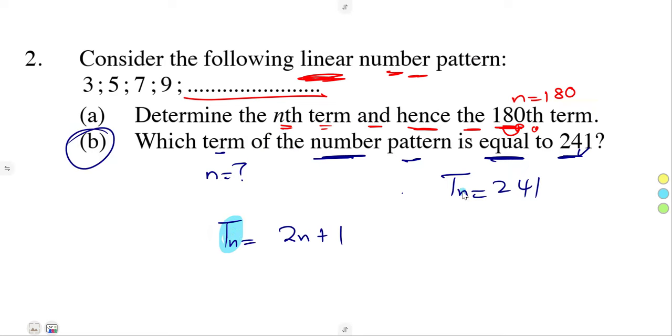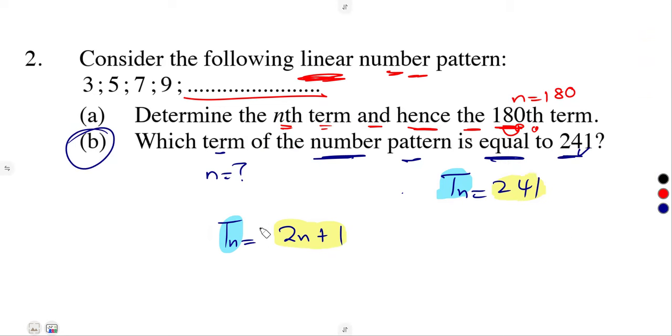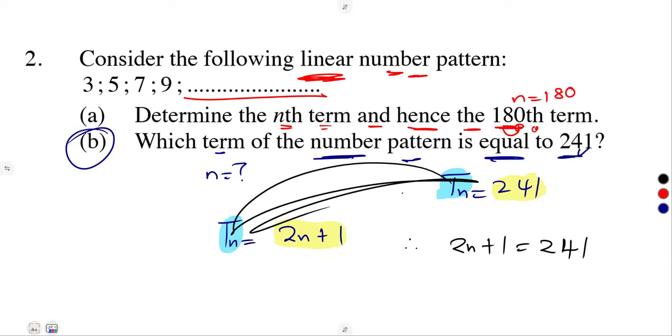Tn represents 2n plus 1, so it must be equal to 241. You have an equation to solve for n: 2n plus 1 is equal to 241. These two represent the same thing.